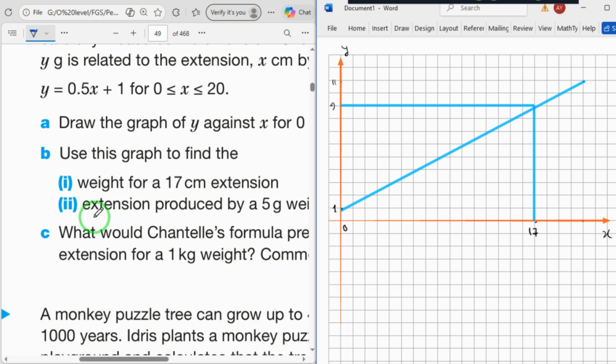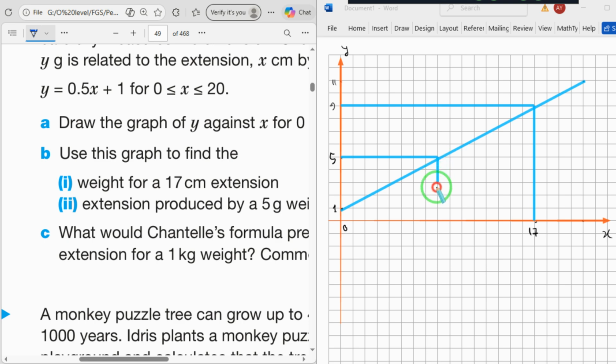And part B, section 2, extension produced by 5 gram. We count here 5 gram. 1, 2, 3, 4, 5. This one is 5. Then we come horizontally from this point and intersect this point.